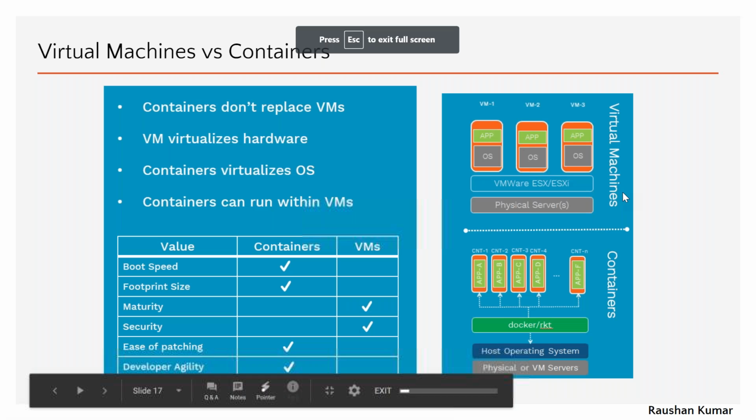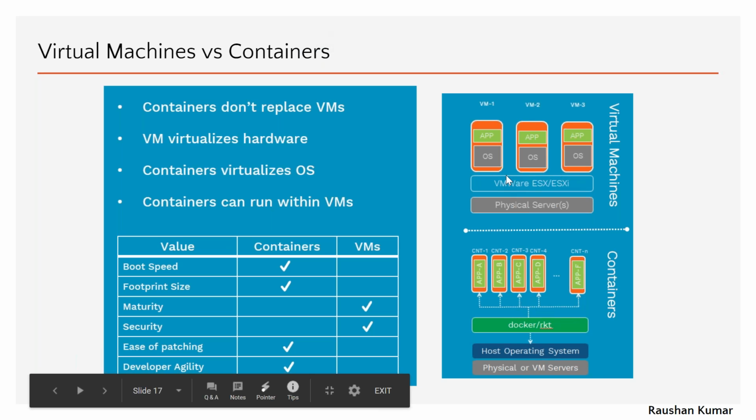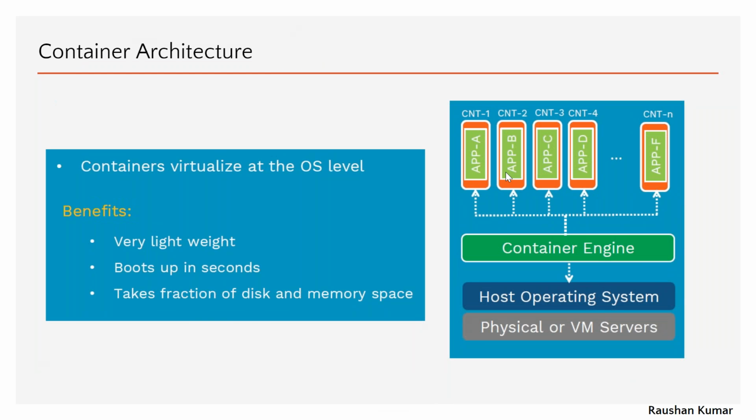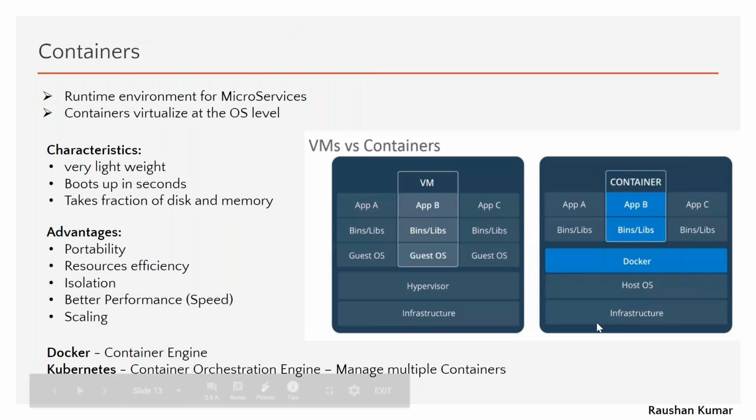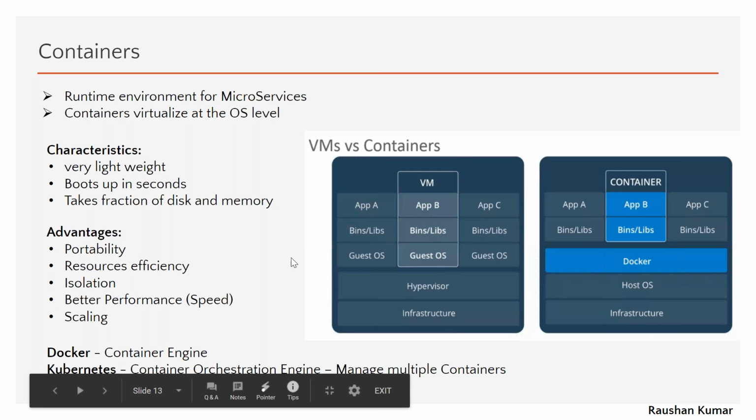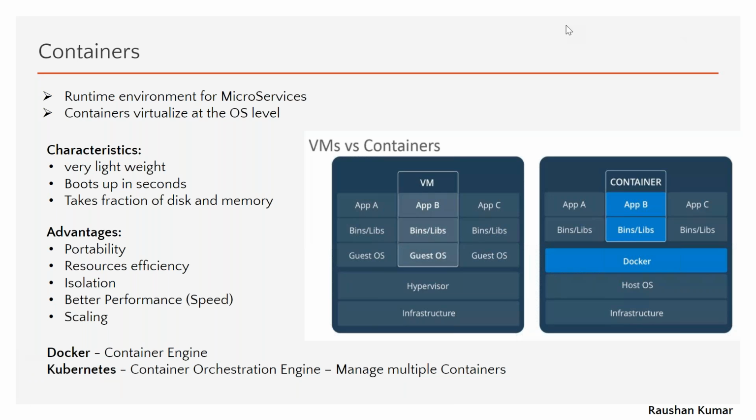The reason I downloaded this is that I want to show one more thing. I take your attention that in the case of Docker, in the case of a container, I don't have a guest operating system. Suppose in the case of VMs, I have three VMs for my three-tier application: one web server, one app server, one database server.